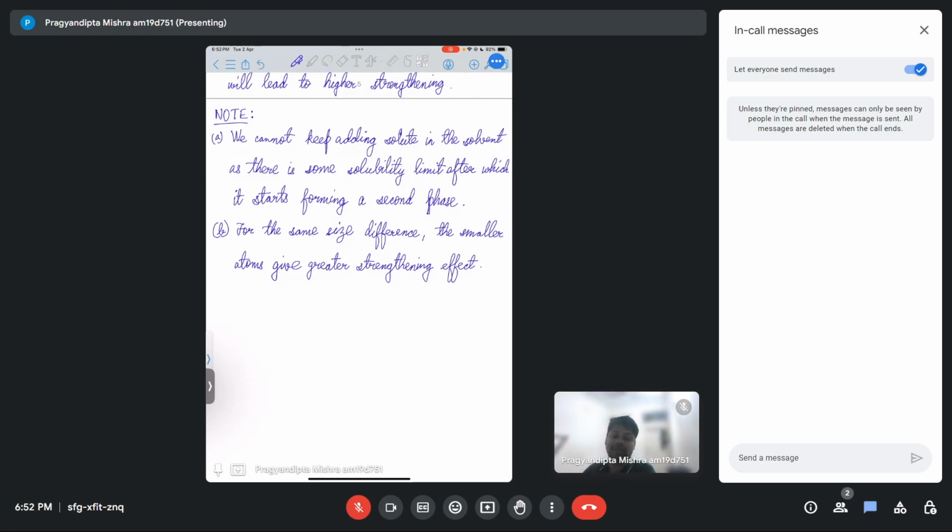Okay, coming back. Now that we saw what kind of distortions each kind of solute atom produces, let's see what kind of distortion fields are in a dislocation and how these different solute atoms can interact with this particular dislocation.